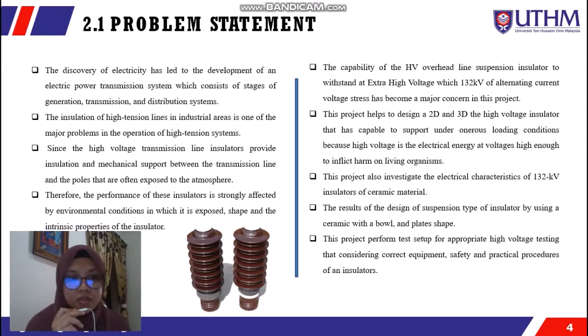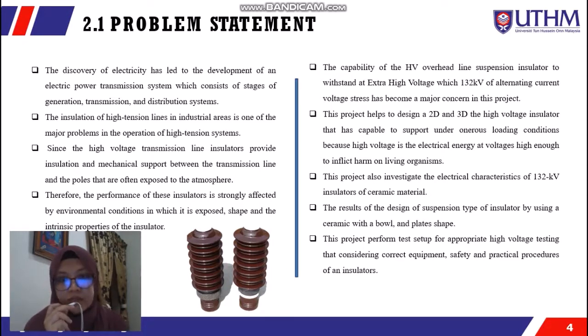The installation of high tension lines in industrial areas is one of the major problems in the operation of high tension systems. Since the high voltage transmission line insulator provides insulation and mechanical support between the transmission line and the pole that are often exposed to the atmosphere, the performance of these insulators is strongly affected by environmental conditions, the exposed shape and the intrinsic properties of the insulation.